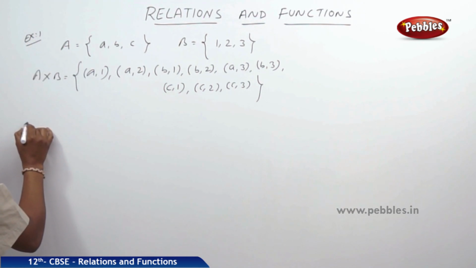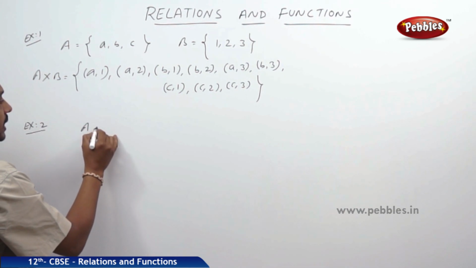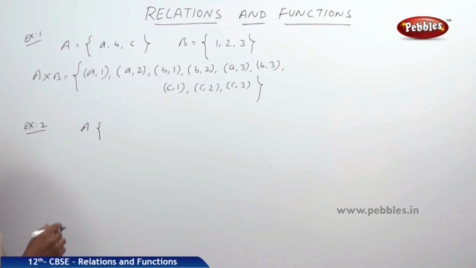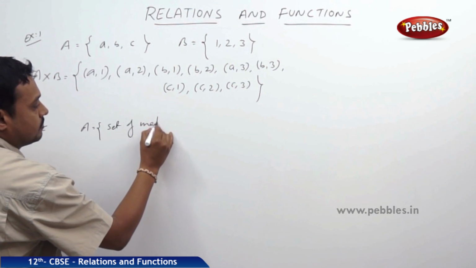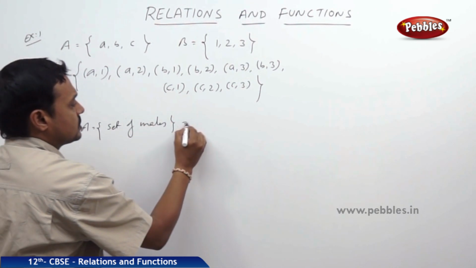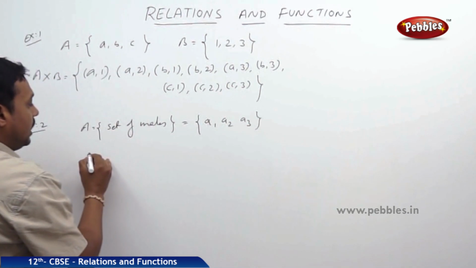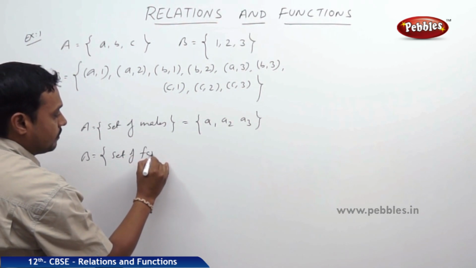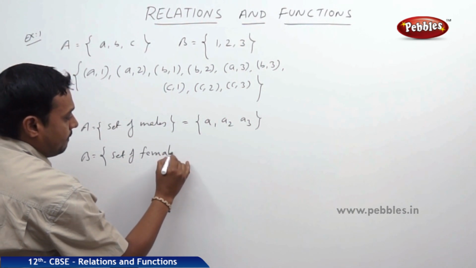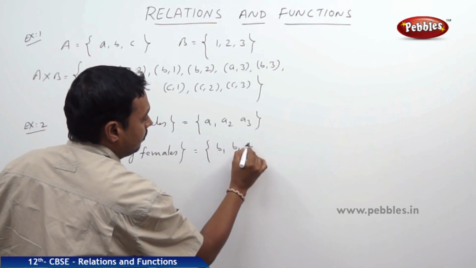Now let us take one more example. In a combined family, let A be a set of males. Of course, let them be A1, A2, A3. And B is equal to a set of females, that is equal to B1, B2, B3.